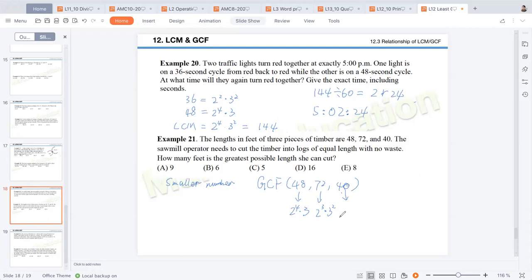And 40 is 2 to the 3rd power times 5. So you can see the greatest common factor of them is 2 to the 3rd power, 2 cubed. So this equals 8. Yeah, thanks, Kevin.